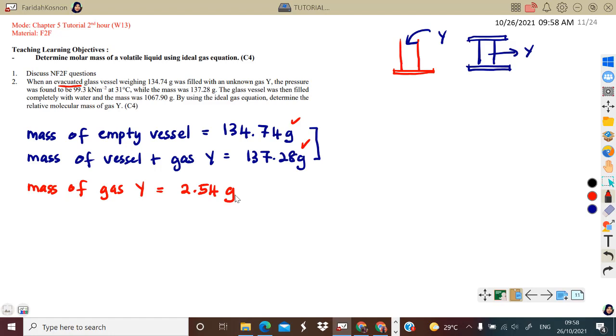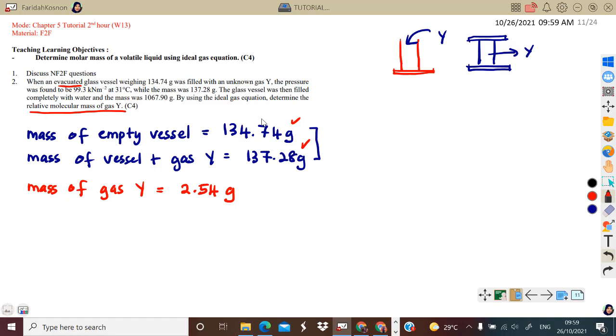Baiklah. Jadinya sekarang, bila kita dah dapat mass of gas Y, you kena tengok soalan ni suruh kita cari apa sebenarnya. Soalan suruh kita cari molecular mass, relative molecular mass of gas Y berdasarkan data-data yang kita ada. So kalau rasa tak tahu nak guna formula apa, kita tengok maklumat seterusnya.